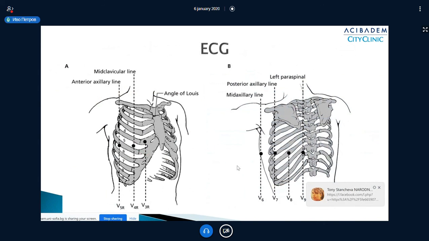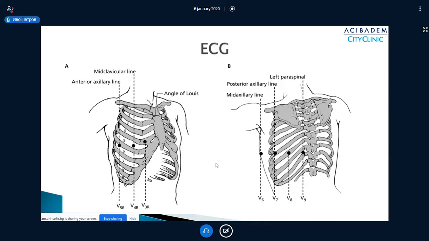I will mention that in the ECG investigation, we have not only this classic 12 leads that I have shown already, but in order not to miss myocardial injury, we can put electrodes also behind, not only on the front chest, but also on the right part of the chest and the left part of the back of the thorax.